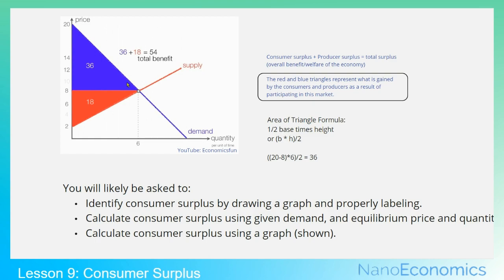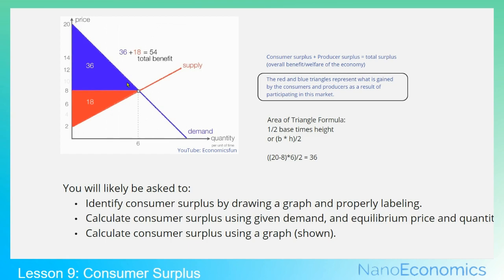As far as what you're commonly going to be asked, you might be asked to identify consumer surplus by drawing a graph and properly labeling everything. You might be asked to calculate the consumer surplus using a given demand function, like a formula for the demand curve, as well as the equilibrium price and quantity. You might be just given a supply and a demand function and be asked to calculate consumer surplus and producer surplus from there.